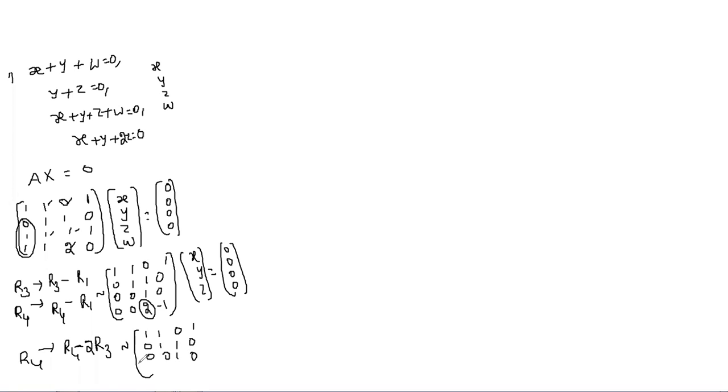And next one none, so 0. And next 0 0 as this. Now coming to R4: here it is 2 minus 2, that also will get 0. And next minus 1. And the remaining as this. x, y, z, w is equal to 0 0 0 0.